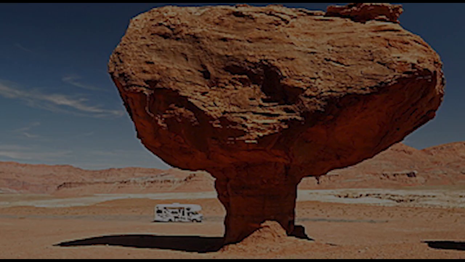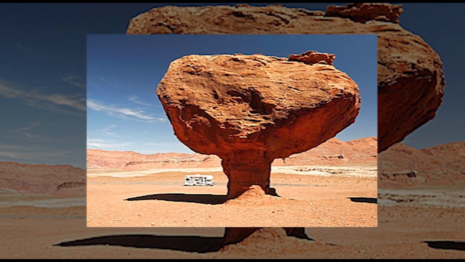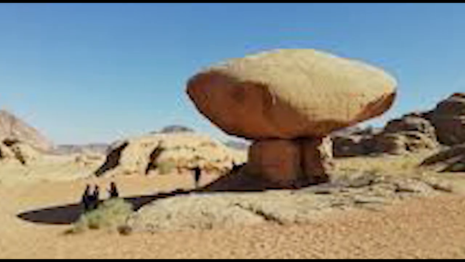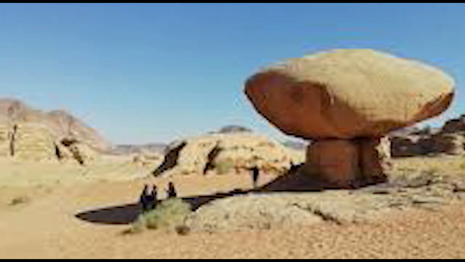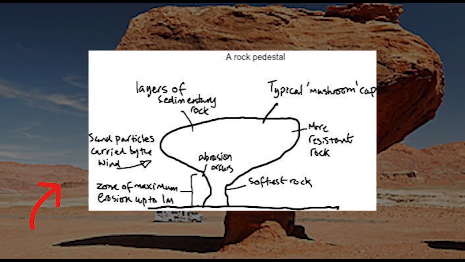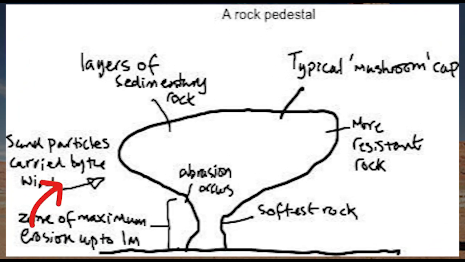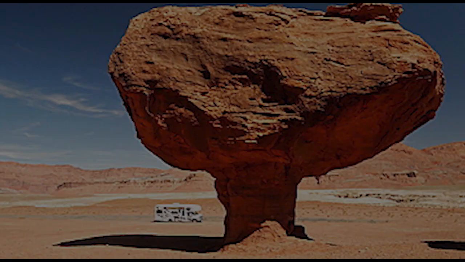Wind abrasion from the heavier materials near the ground results in intensive undercutting at the base of vertically lying homogeneous rock. This is a diagram showing the mushroom rock.